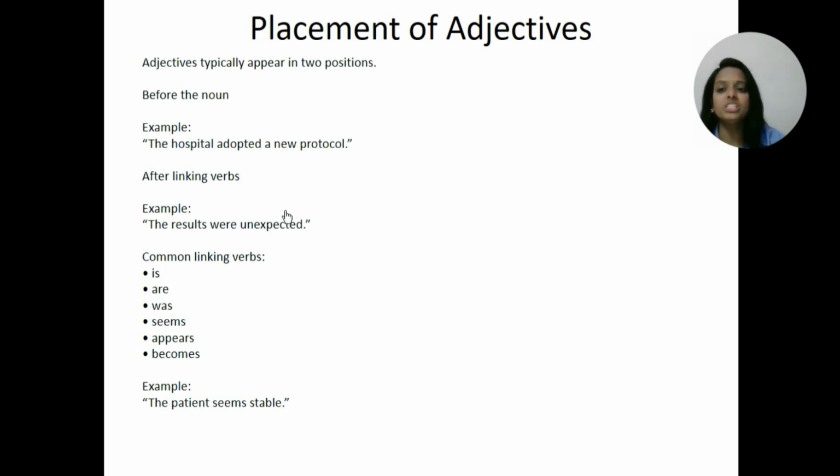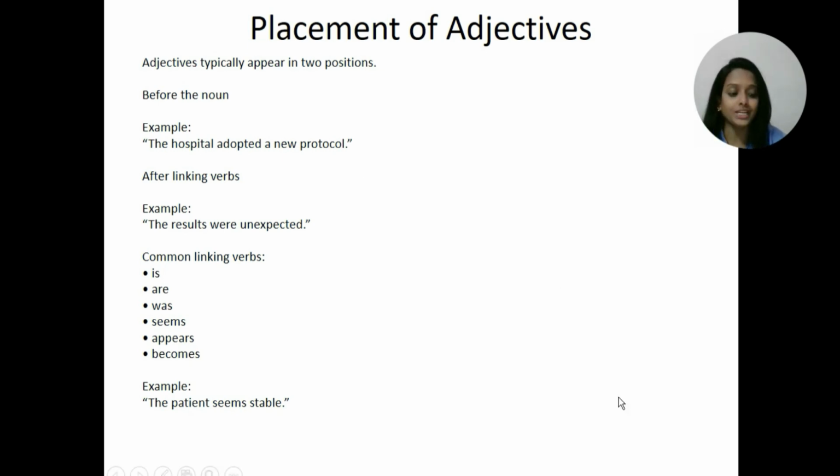For example, the hospital adopted a new protocol. And after the linking verb, the results were unexpected. And remember, there are some common linking verbs that we use like is, are, was, seems, appears, becomes. The patient seems stable. So these are the linking verbs. So sometimes after the linking words and sometimes before the nouns.